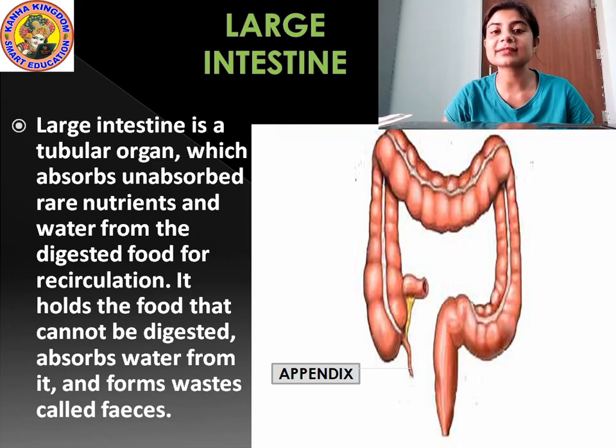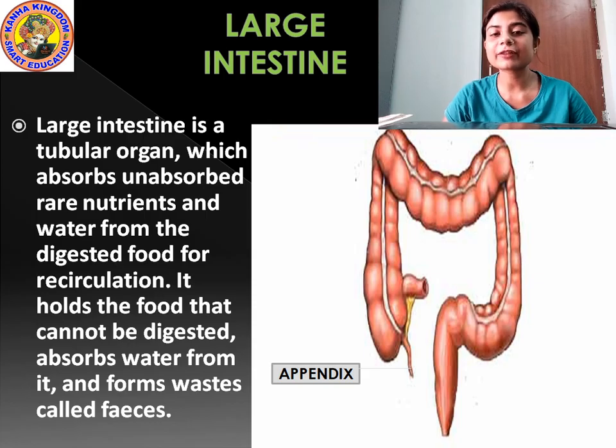The rare nutrients and the water get absorbed and are also recirculated. That means the nutrients are again passed into our body. That means recirculated from the large intestine. The remaining food, the remaining nutrients that are not digested, passes into the large intestine, where it holds the food that is not digested, the fiber.